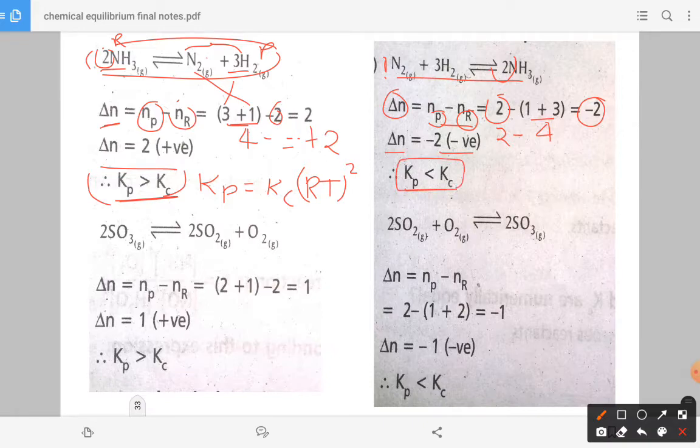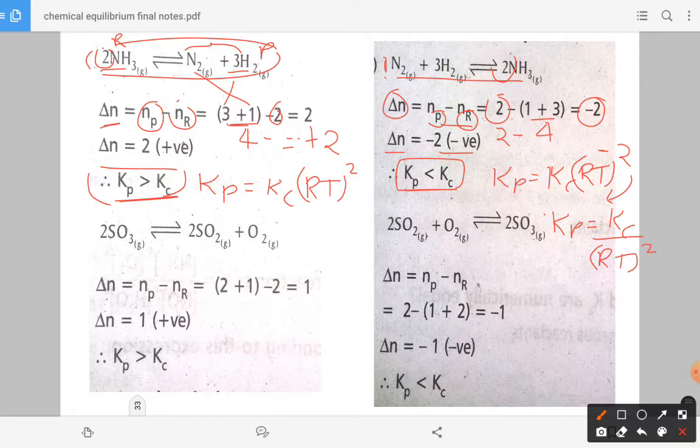Again, if you want to write the relation here, Kp equal to Kc into RT to the power delta n. How much have we got now? Minus 2. You can write minus 2, or simply, if you go for the conversion, you can write Kp equal to Kc, and since it comes in the denominator, you get RT squared.